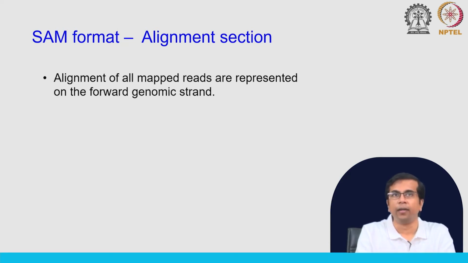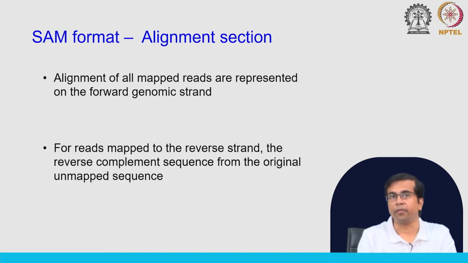One thing we should remember is that alignments of all mapped reads are represented on the forward genomic strand. This is by convention, and if you have reads that map to the reverse strand, in this alignment section they will be provided as reverse complemented. When you are interpreting the data, you should keep that in mind.